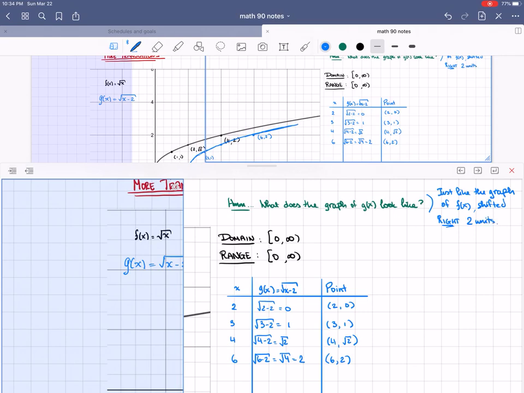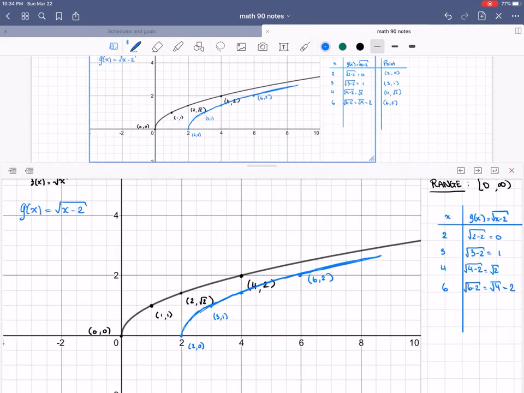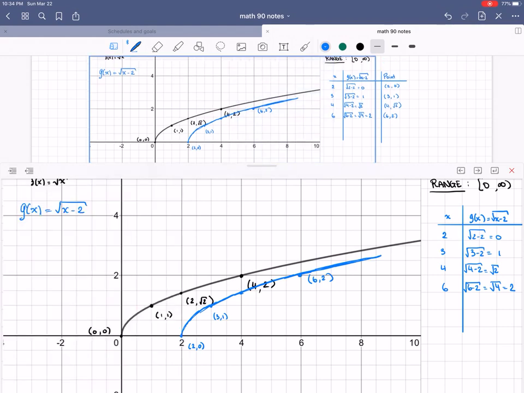Okay. All right, so I want to look at a little bit more and then summarize and actually look at another example. So what I want you all to notice is that for any point I take on the blue graph, if I dot over until I come to a point on the black graph, every single point has a corresponding one on the graph of f where the y-coordinate is the same, but the x-coordinate is 2 units smaller.